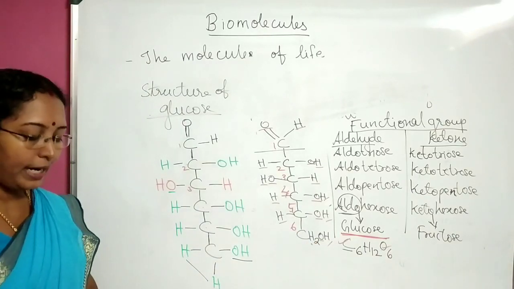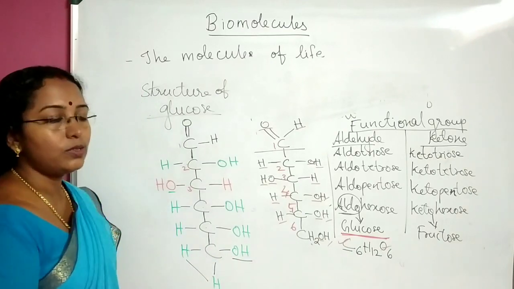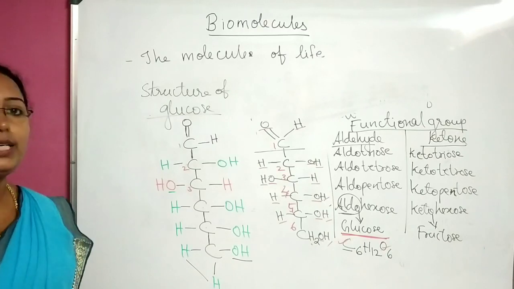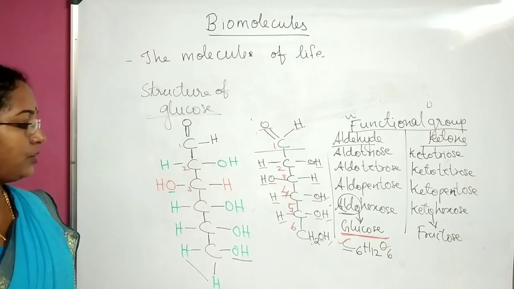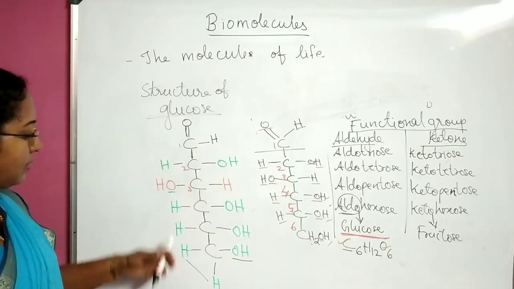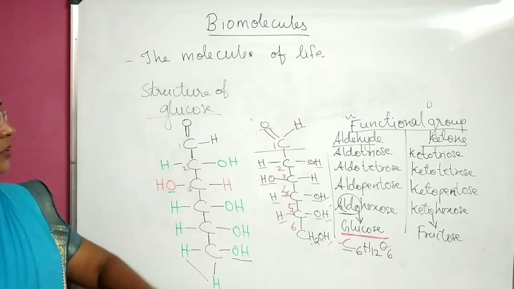So 12 hydrogen atoms. So the formula C6H12O6 is brought into this structural formula. This is a straight chain structure of glucose. You can either write like this or like this. Both are correct. Straight chain structure of glucose.